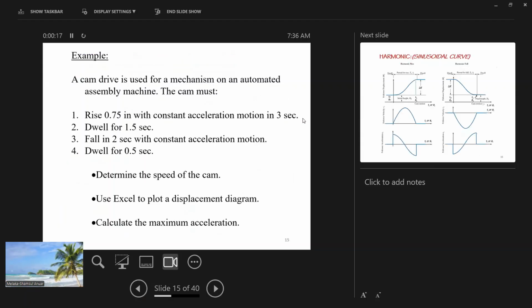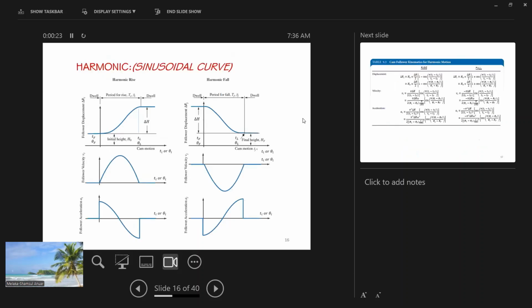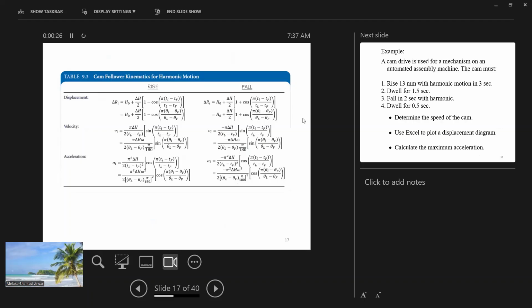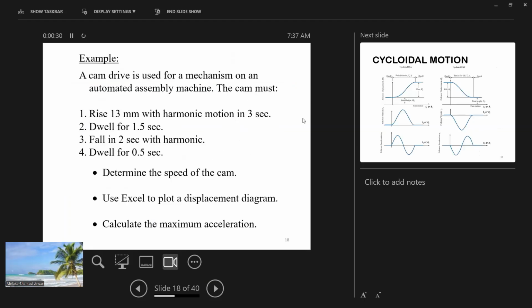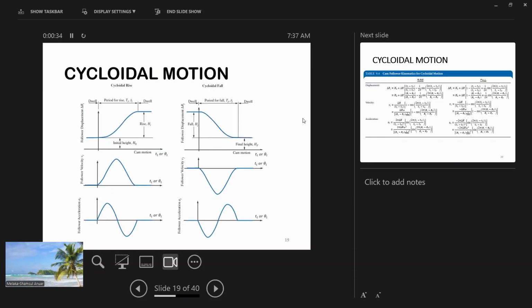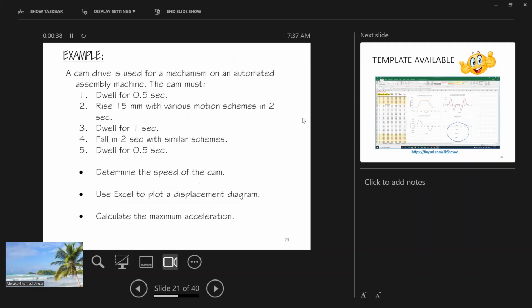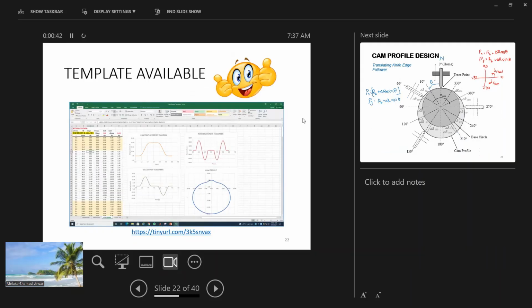Okay, but I guess it's good if you can try to use the template and try to do it. Okay. So if you have problems and don't understand how to use it, let me know.